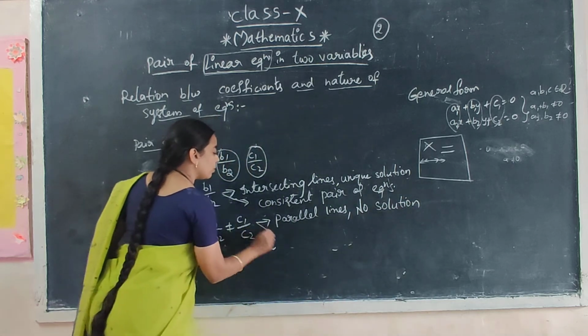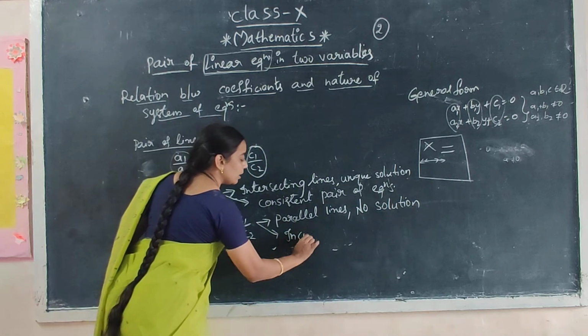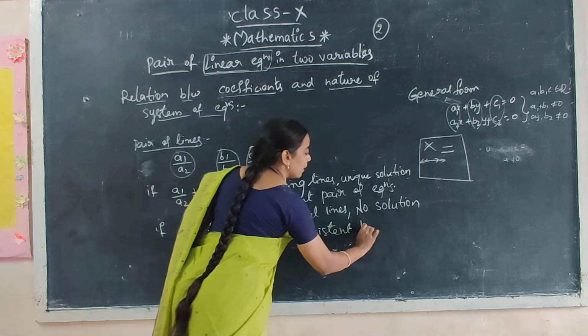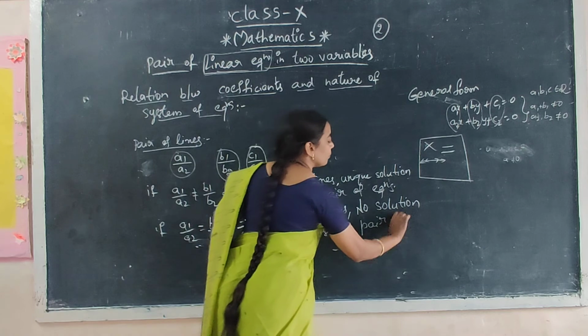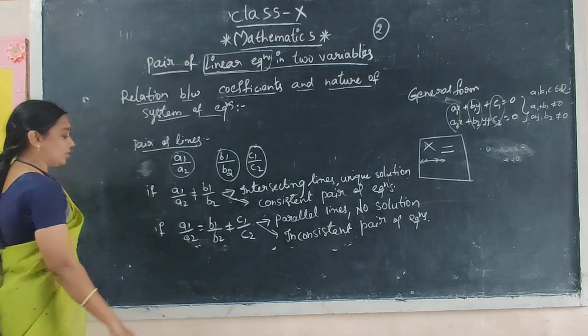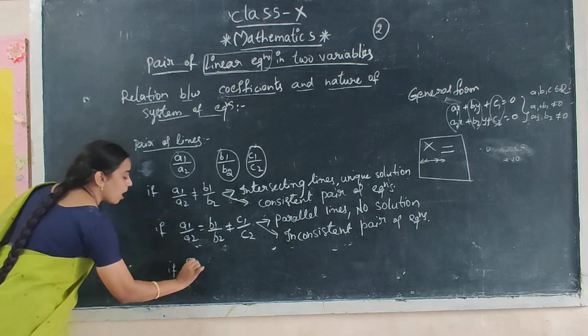This type of lines are called an inconsistent pair of equations.